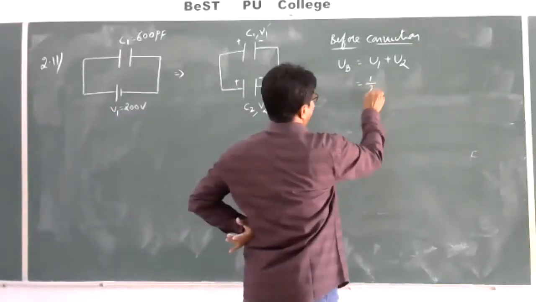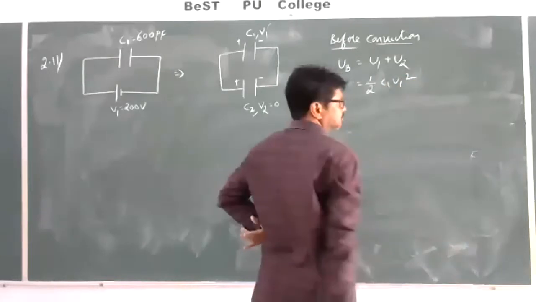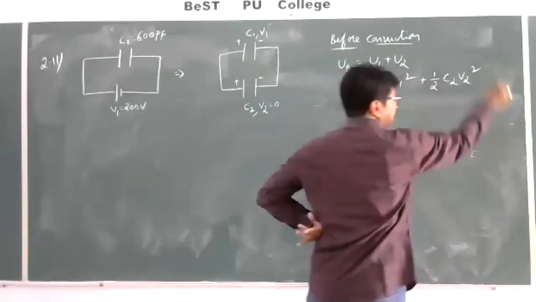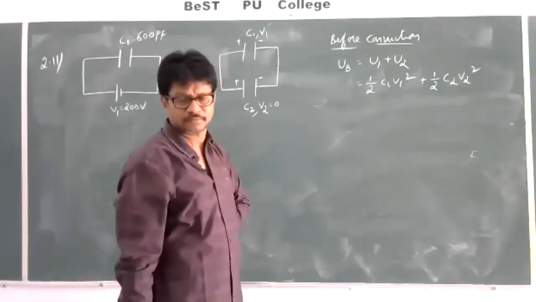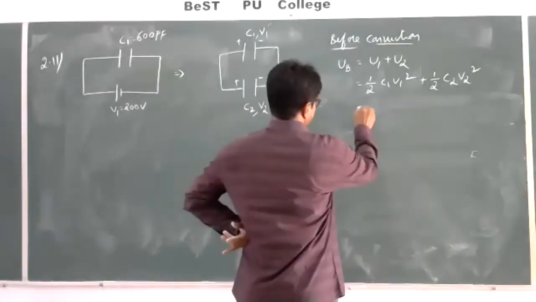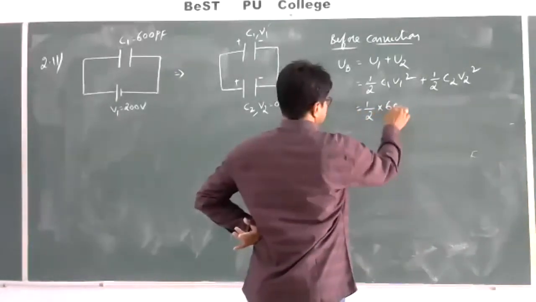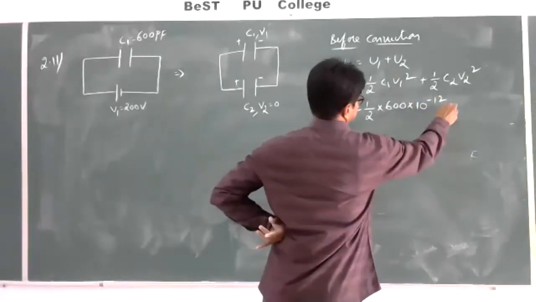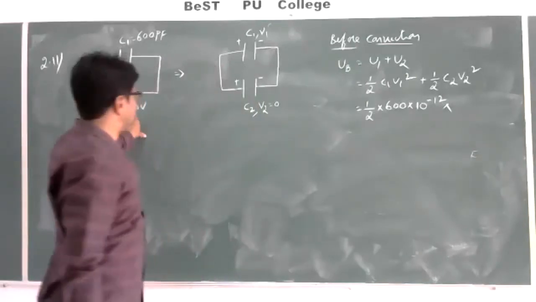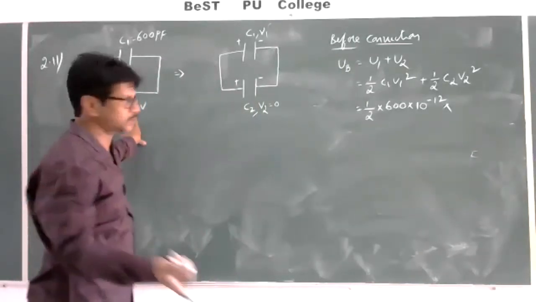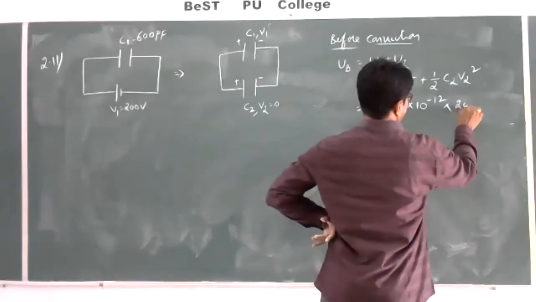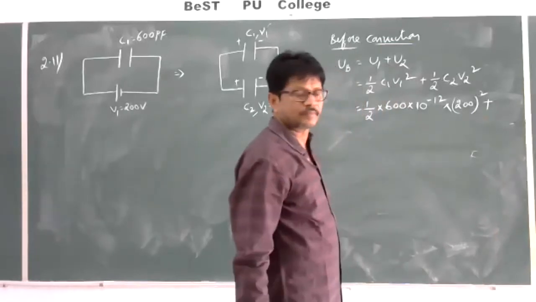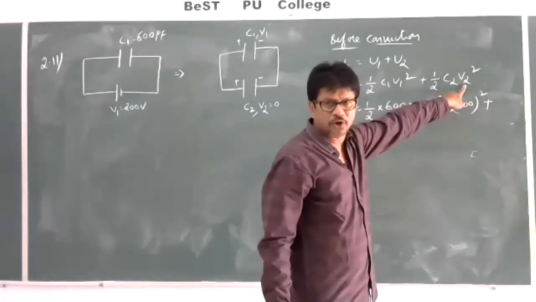U1 is equal to half C1 V1 square, U2 is equal to half C2 V2 square, where C1 is 600 picofarad, V1 is 200 volts, 200 whole square, plus V2 is equal to 0.